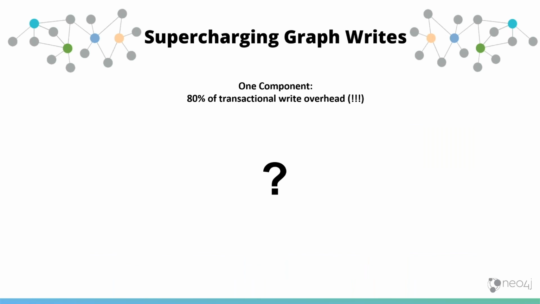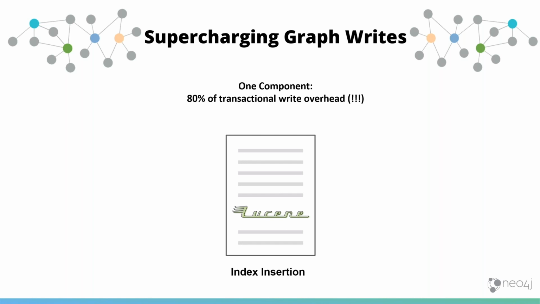We've also been focusing for many years on supercharging the write activity to Neo4j. What turned out is we looked at the overall environment, and there was one common library that was apparently the bottleneck for 80% of the transactional write overhead, and that was inserting indexes within the environment.